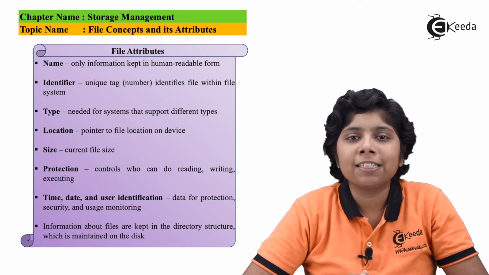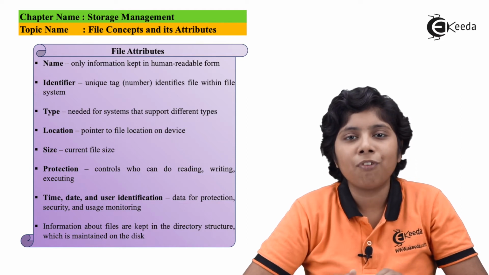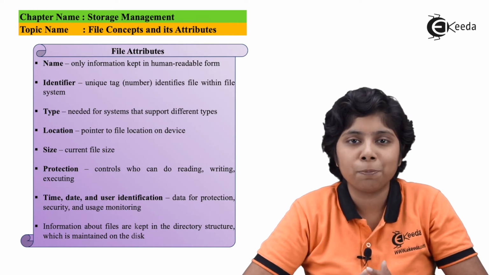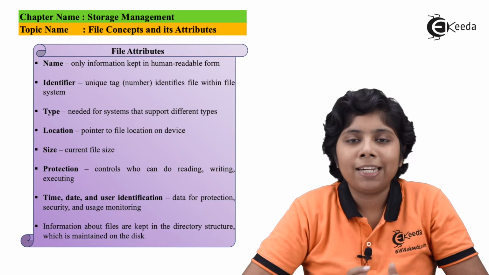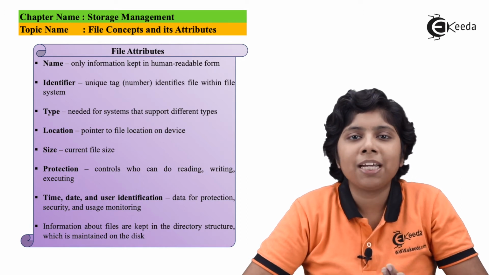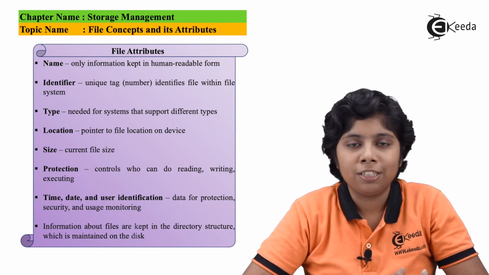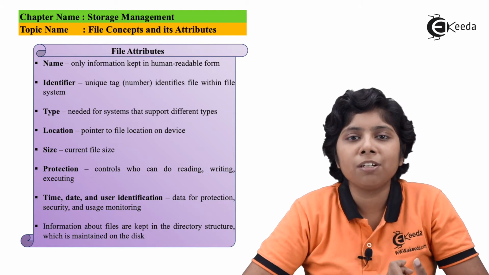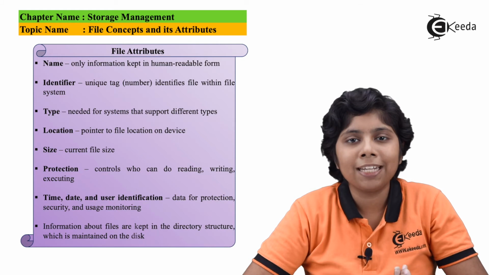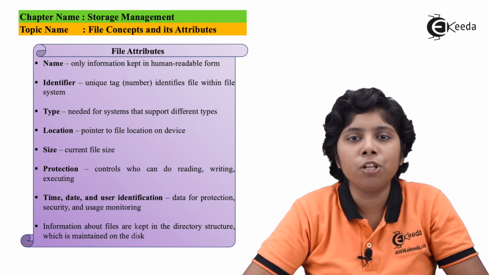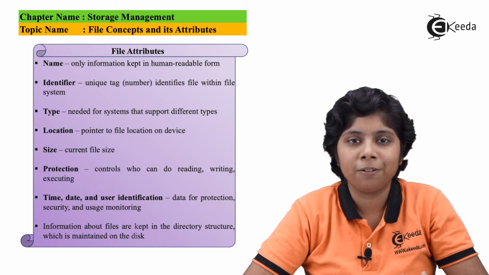It contains access control information, whether the file is readable, writable or executable for the users using it. The next attribute is time, date and user identification. This information is necessary for the file's creation, last use and last modification, and it is helpful for file maintenance, protection and usage monitoring.